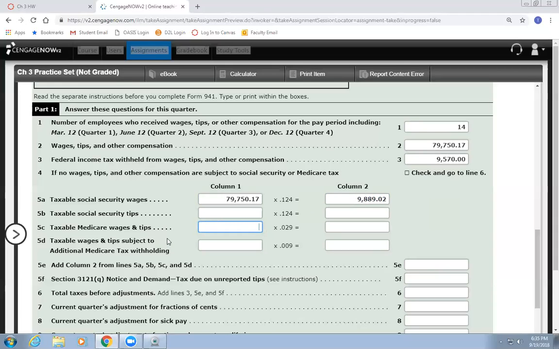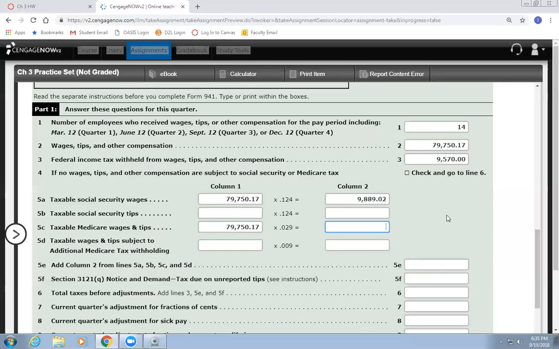5C is the same. The total taxable Medicare wages is $79,750.17. And this time we're multiplying it by 2.9%, or 1.45% plus 1.45%, for both the employee and the employer.